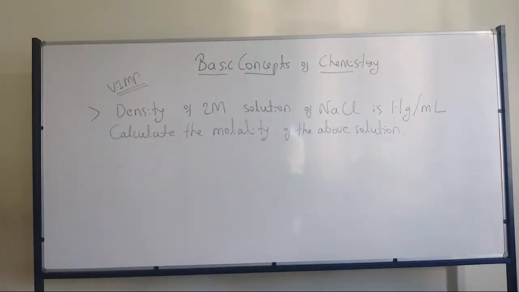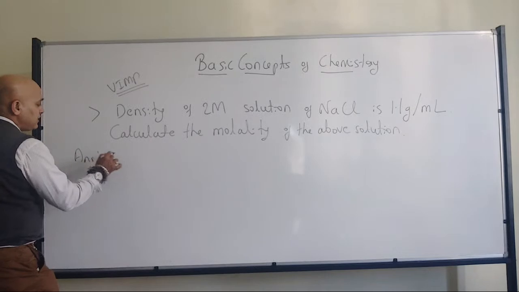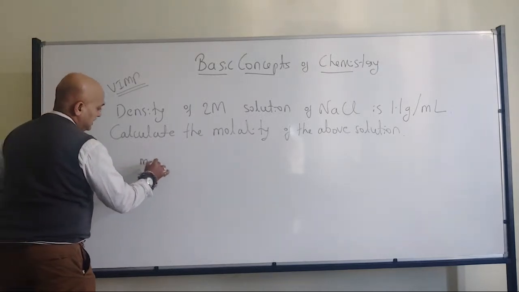So the density of a 2 molar solution of NaCl is 1.1 gram per ml. Calculate the molality of the above solution. What data have they given? They have just mentioned the density and asked us to calculate the molality. How to do it? Since they have asked about molality, we should know the definition or equation.